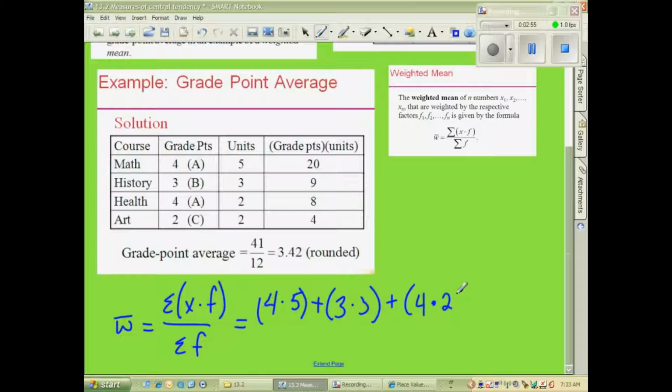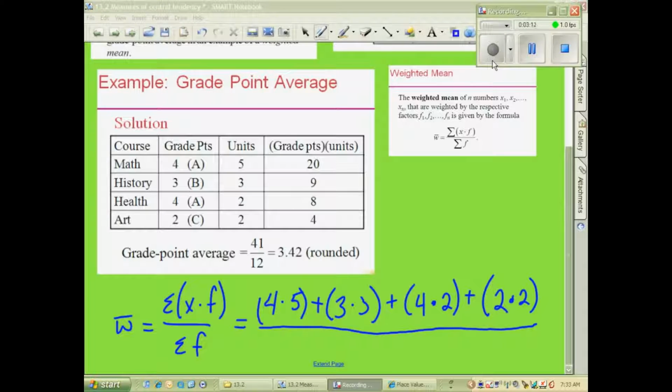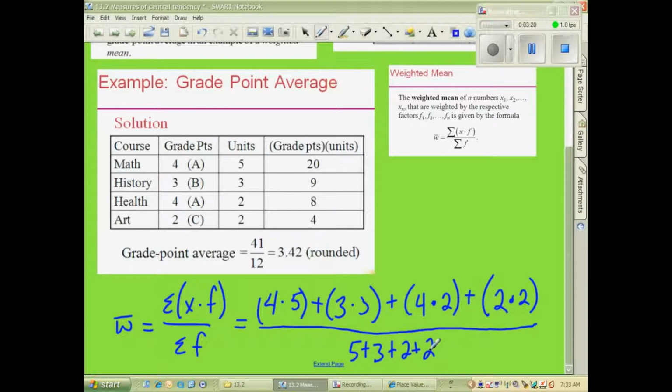It has a factor of 2. Plus, in art class, we made a C, and that class has a factor of 2. And all of that is going to be over the sum of the factors, which is 5 plus 3 plus 2 plus 2, which came from right here.